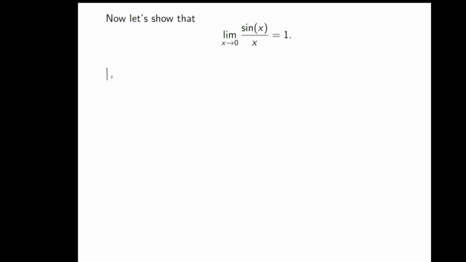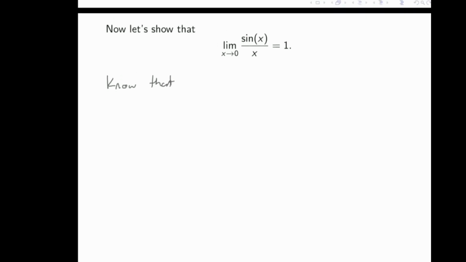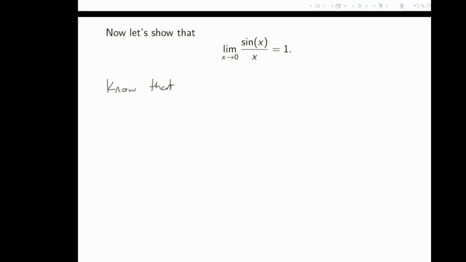So we know that for sufficiently small theta, cosine of theta is less than sine of theta over theta, which is less than 1, for theta near, let's say, 0.